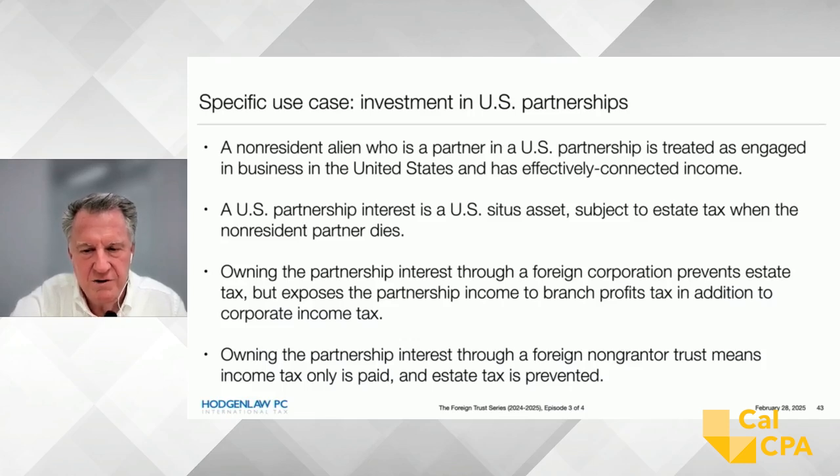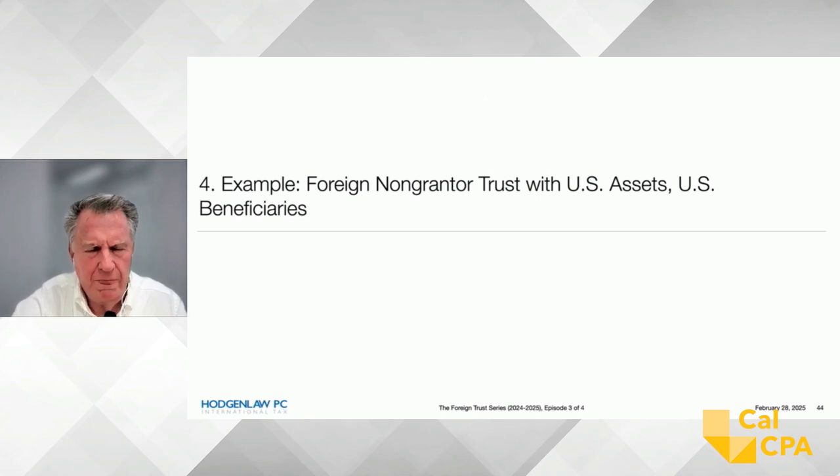The other place that I use it a lot is with U.S. real estate investments, because it's useful, especially for personal use assets. And with that in mind, and handy dandy transition, let's look at one such situation. So we have a foreign non-grantor trust that has a U.S. asset, namely a personal use residence for use of the family in the United States.